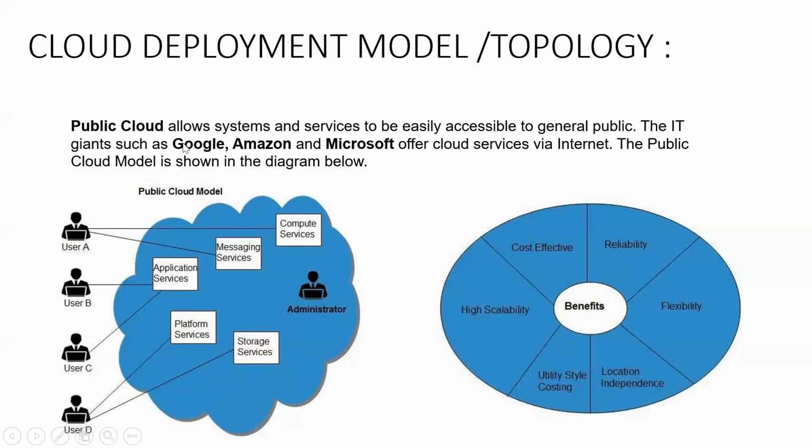So a number of users can access these cloud services through internet. This model is called a public cloud model, and as you are aware, Google, Amazon, Microsoft are offering cloud services via internet.